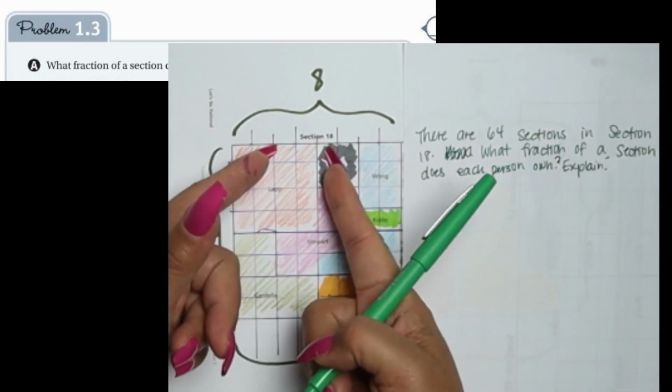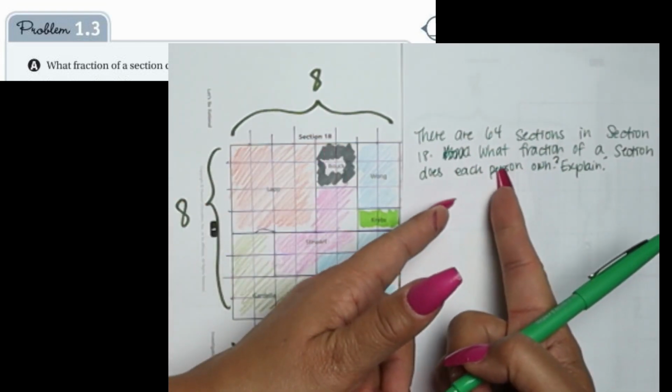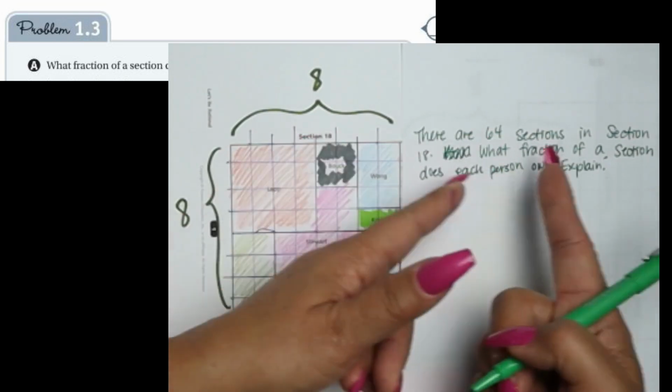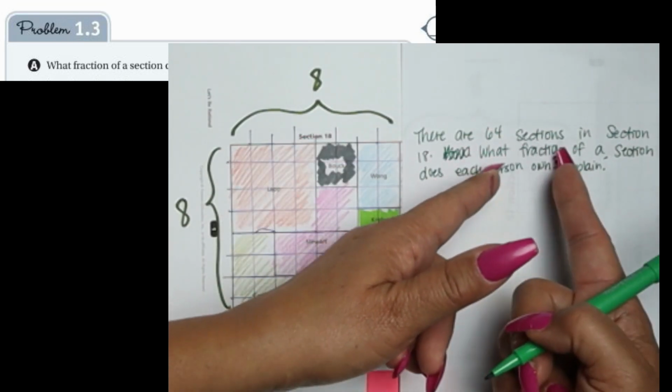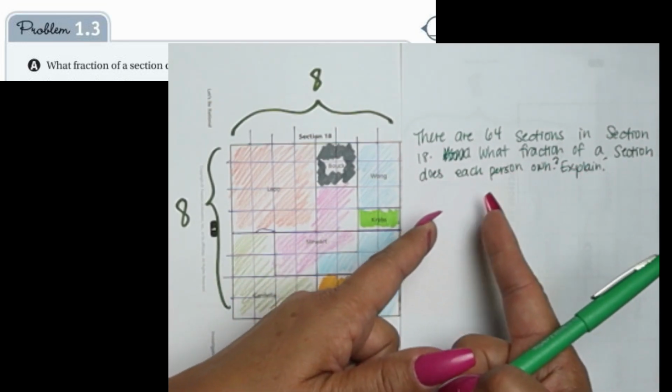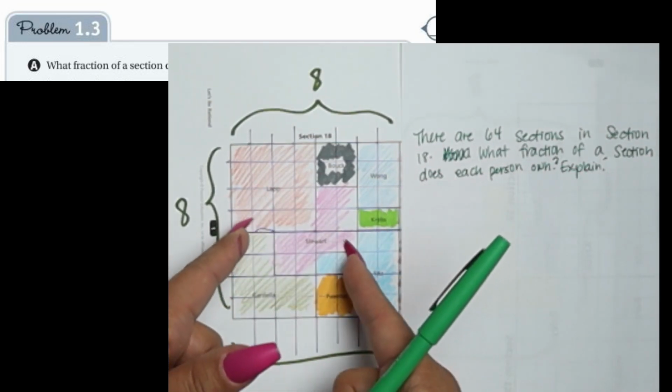Now this is section 18. We're talking about section 18. How much does each person own in section 18? There are 64 sections in section 18. What fraction of a section does each person own in this section?